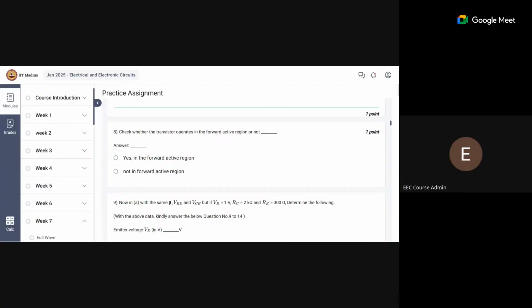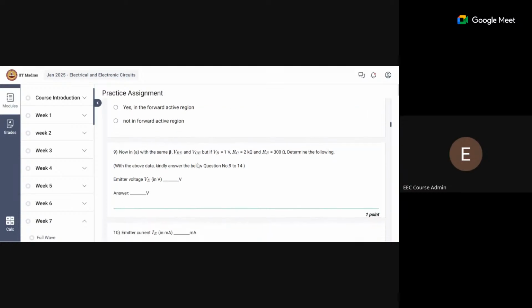So just now I told you, the base emitter junction should be forward bias, collector base junction should be reverse bias. So you check with the potentials of those terminals, and accordingly you see that the base emitter junction is forward bias and collector base junction is reverse bias, and if that is the case, you conclude that the transistor is in the forward active region. So that is this eighth question.